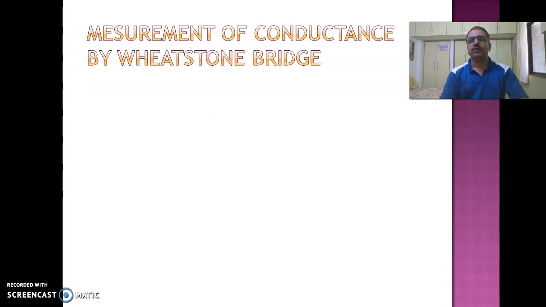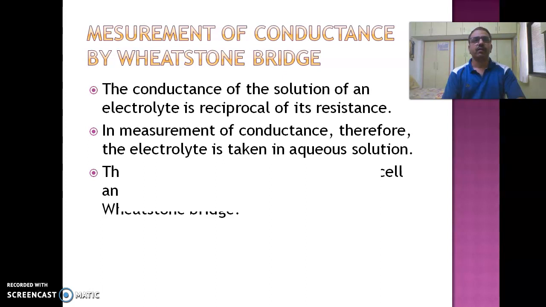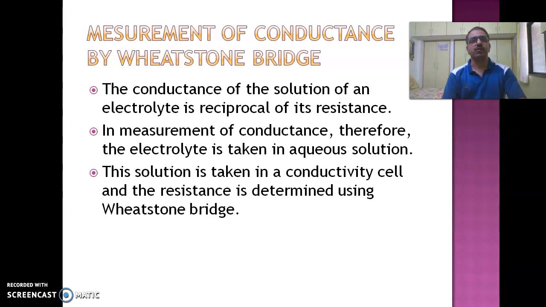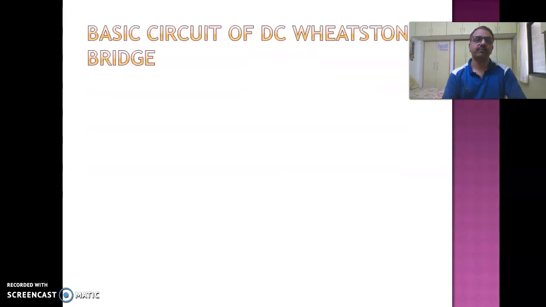Now, the first point that is included in our syllabus is the measurement of conductance by Wheatstone bridge. The conductance of the solution of an electrolyte is the reciprocal of its resistance. In measurement of conductance, therefore, the electrolyte is taken in aqueous solution, this solution is taken in a conductivity cell, and the resistance is determined using a Wheatstone bridge.